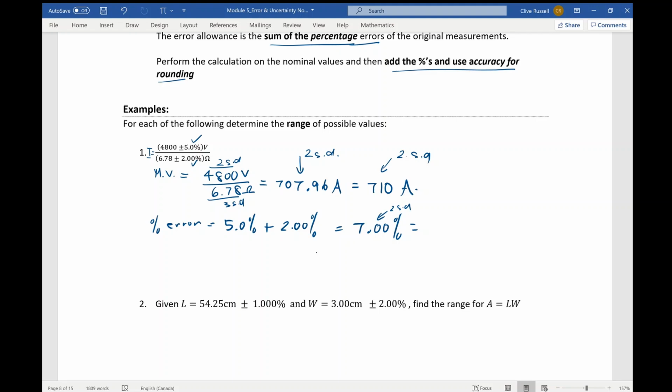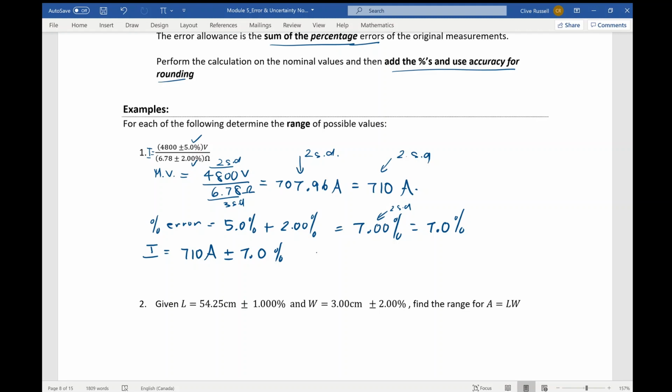So it has to be just 7.0%. Remember that your percent error needs to line up with your measured value in terms of accuracy. So therefore we could say that our current I is going to be 710 amps plus or minus 7.0%.